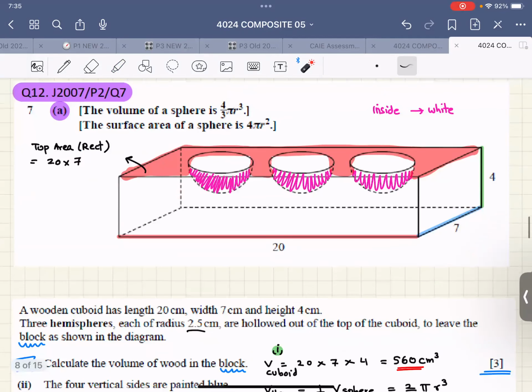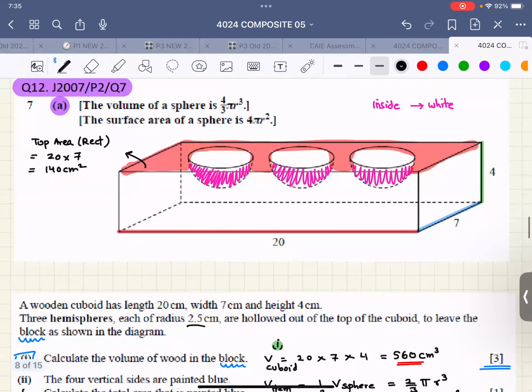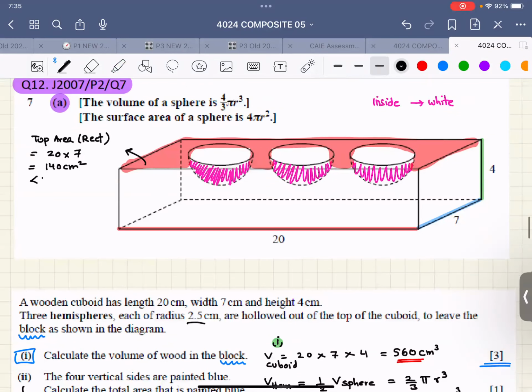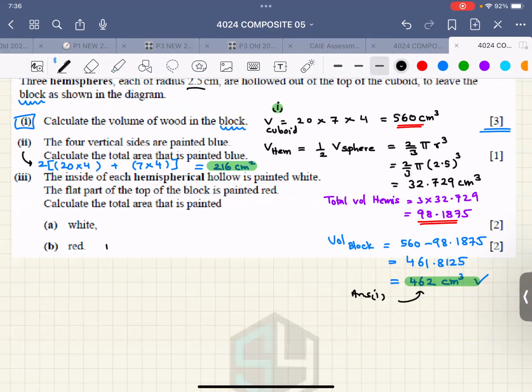So 20 into 7, the rectangle area is how much? That is 140 centimeters square. And what about this is which color? This is red color. So this is red color, 20 into 7, but I'll be subtracting something. I'll be subtracting this white.